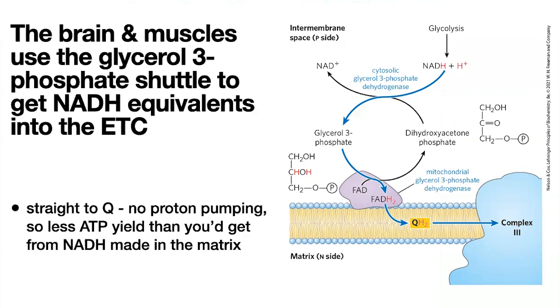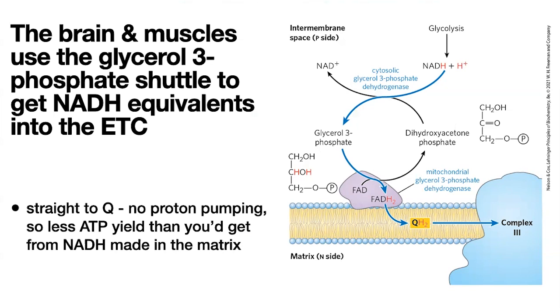With our glycerol 3-phosphate shuttle, we were basically taking those electrons that we generate in glycolysis in the cytoplasm, or from some other reaction in the cytoplasm, where we're generating this NADH.